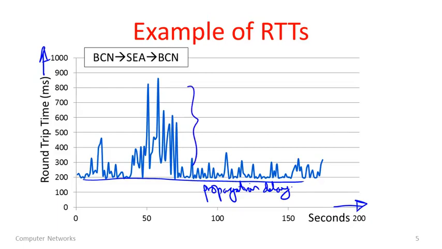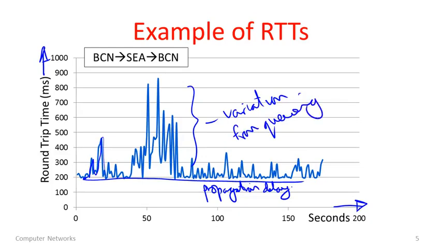There's also a lot of variation. Sometimes the round trip time from sending a packet and getting the ACK back is short. It's near the minimum, but at other times it shoots up, and you can see it bounces around quite a lot. This variation comes from many possible sources, but most likely from queuing.